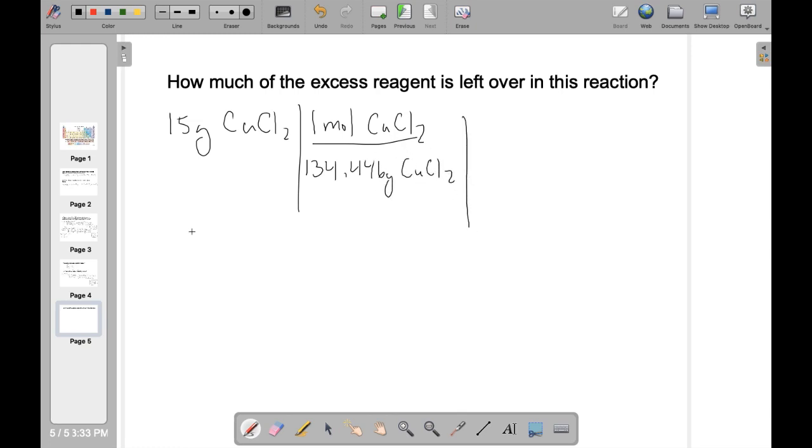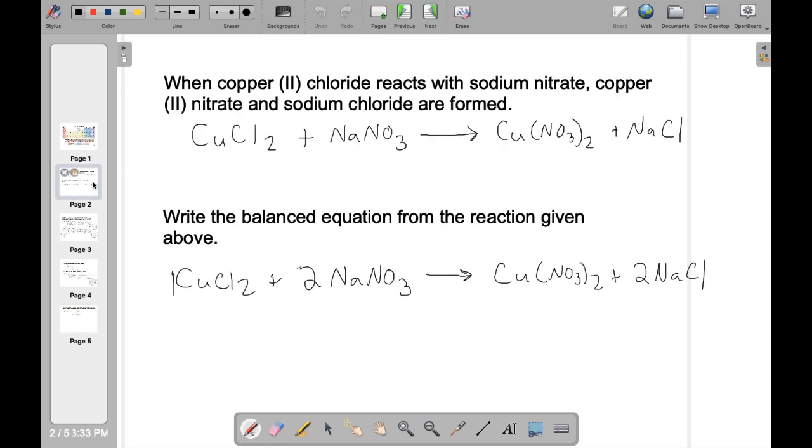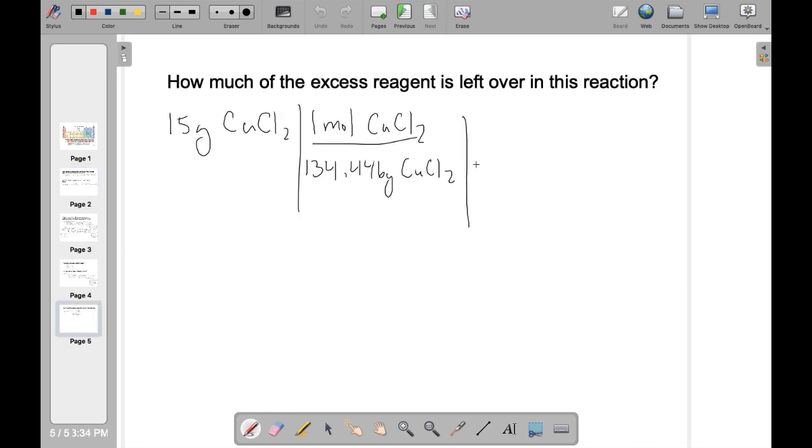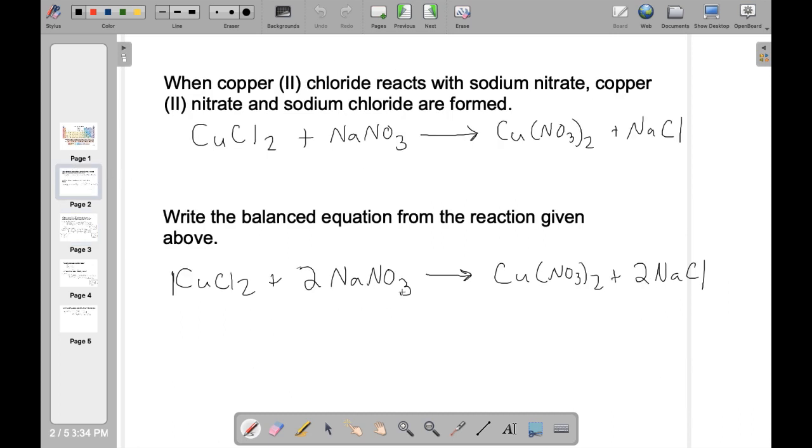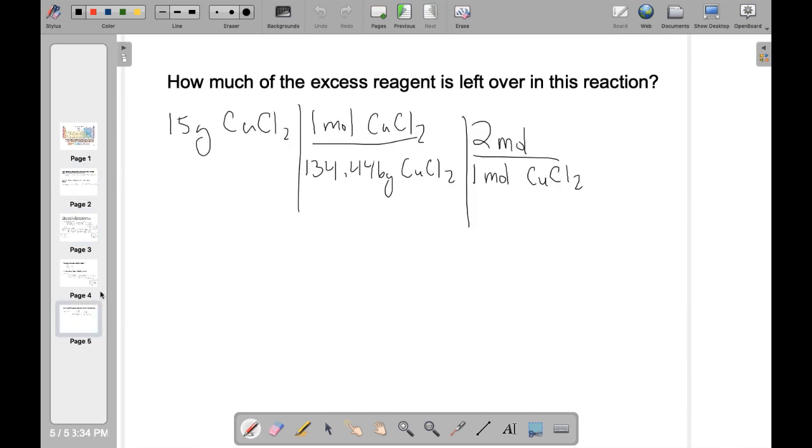Let's do our ratio. Copper(II) chloride, so 1 to 2. 1 mole of copper(II) chloride is equal to 2 moles of sodium nitrate, NaNO3.